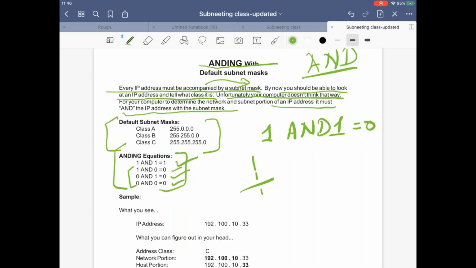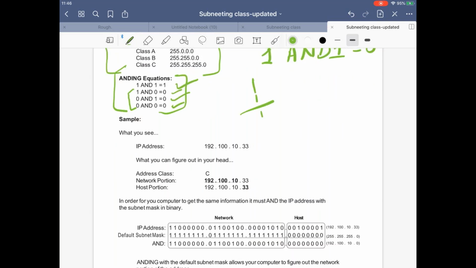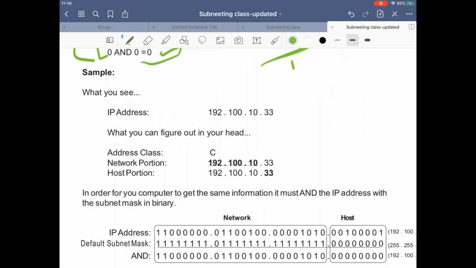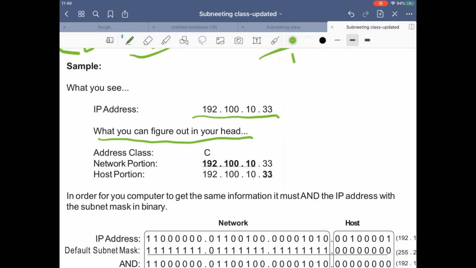Now see one example here. The IP address is 192.100.10.33. What can you figure out in your head with the help of this IP address? The first thing you can figure out is that it is a class C IP address.